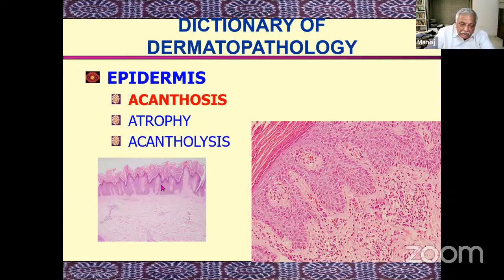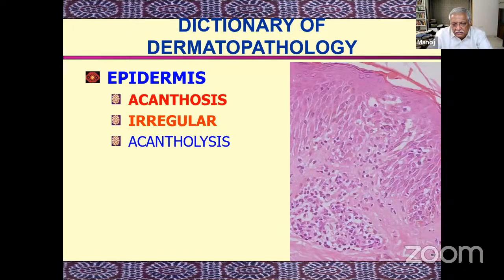And because this church steeple pattern has occurred, the keratin on top of it also is in the same kind of pattern. When a clinician feels this particular lesion, this would be very, very rough because the keratin also is coming up in spikes.